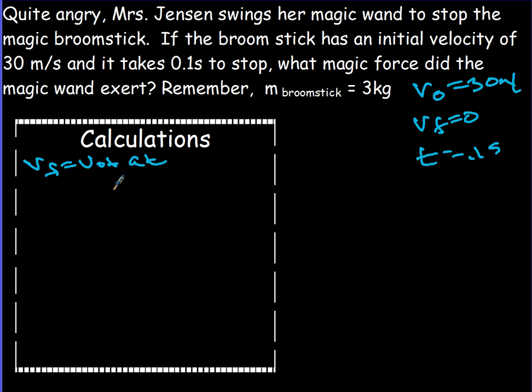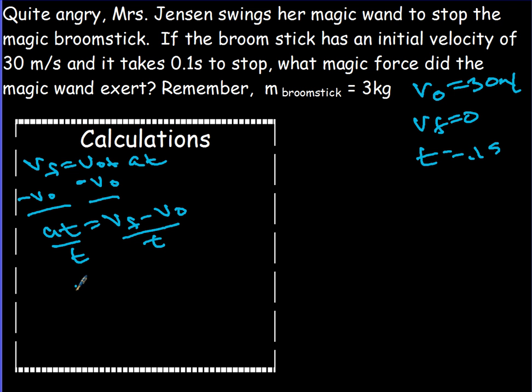So let me solve this for acceleration. I'm going to subtract V naught from both sides. So AT is equal to V final minus V naught. I'm still looking for acceleration, so I divide through by T. So my acceleration is V final minus V naught divided by T.